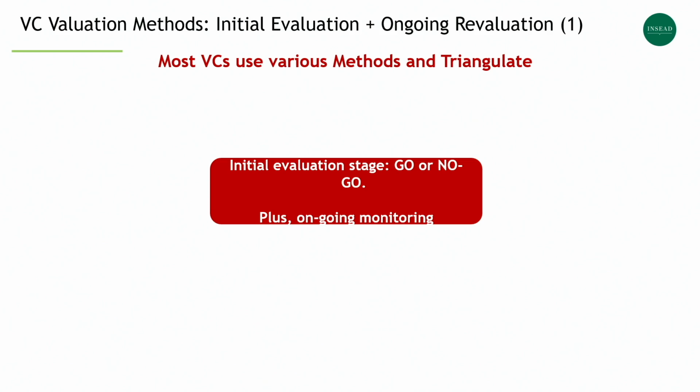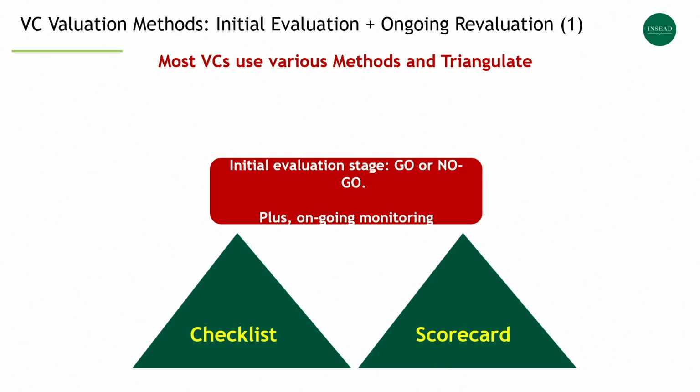So the valuation methods at this initial stage will be different from the ones once the portfolio company has actually entered the portfolio of the VC. Most VCs use various methods and then triangulate, or try to arrive at what I call a sanity check of their earlier valuations. So at the initial valuation stage, we need to decide, are we investing or not, plus ongoing monitoring.